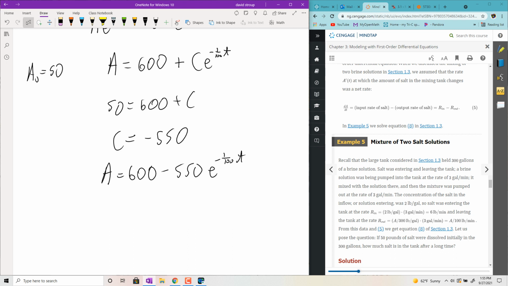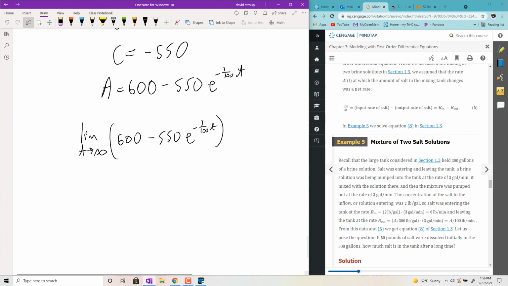How much salt is in the tank after a long time? Well, if you take the limit of this thing as t goes to infinity, the second term is transient, right? So we would have 600 minus 550 e to that negative exponent, which is going to cause that term to go to 0.